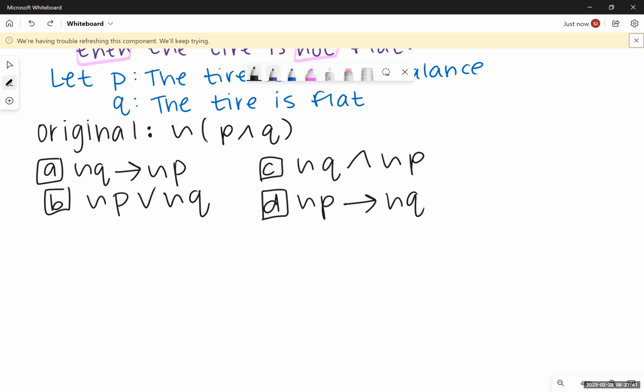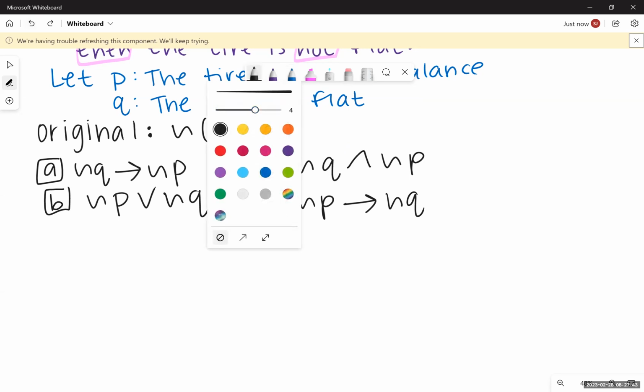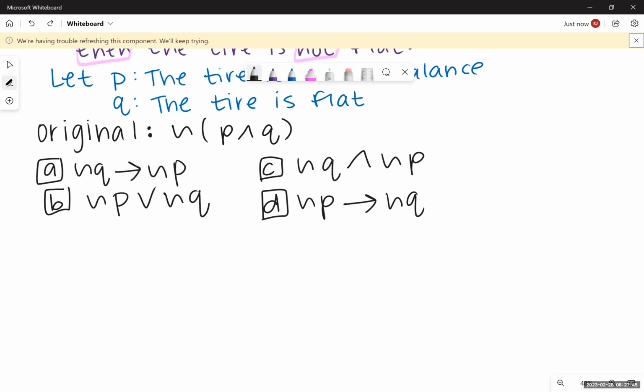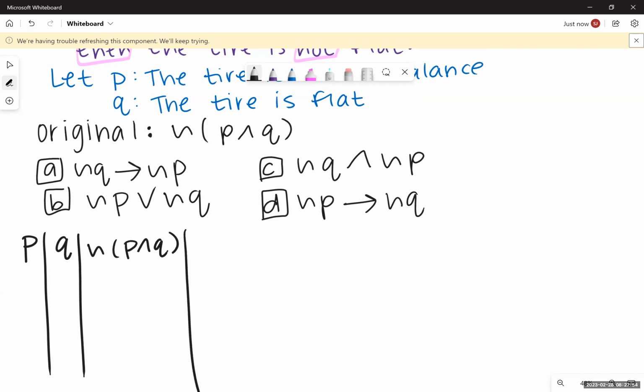Let me actually, I like it better when it's like, okay, I'm gonna do P, Q. Then we have the original. And then we're going to have A. Honestly, if you wanted to just write ABC, you can, but it's hard to keep up with it sometimes.